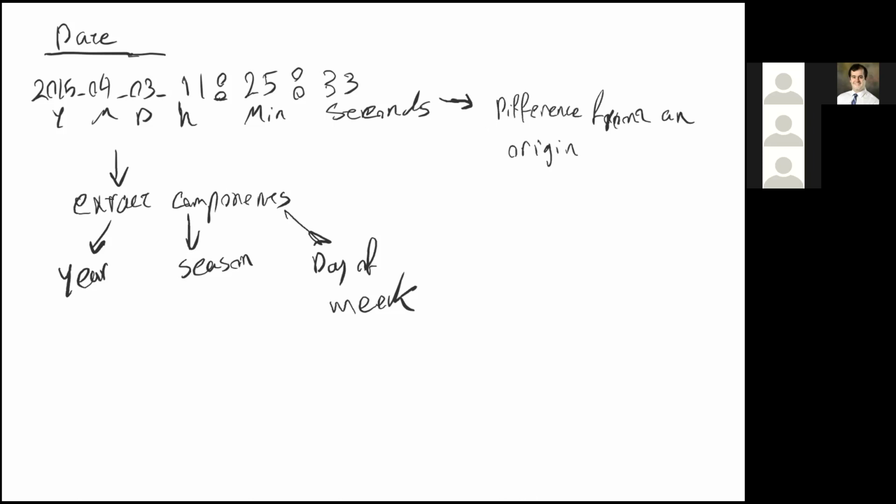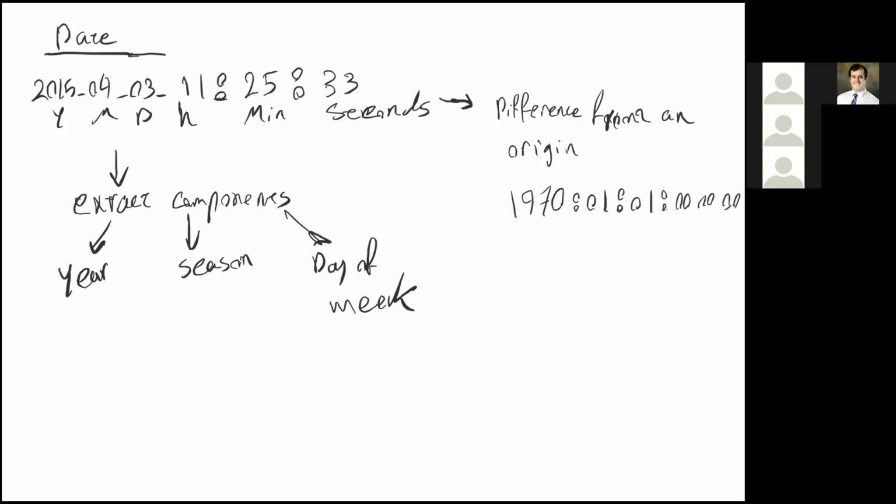Usually in computer science, the origin is 1970, January 1st, and everything is 0.